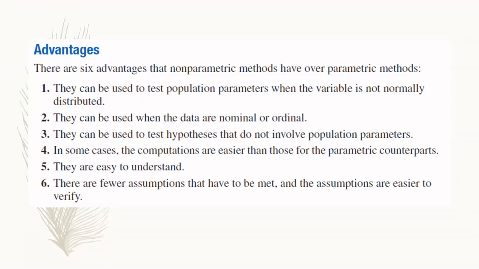So we can use it to test population parameters even when our population is not normally distributed. Second, it can actually be used when our data is nominal or ordinal. What are nominal and ordinal? Who can tell me now what nominal is and what ordinal is?